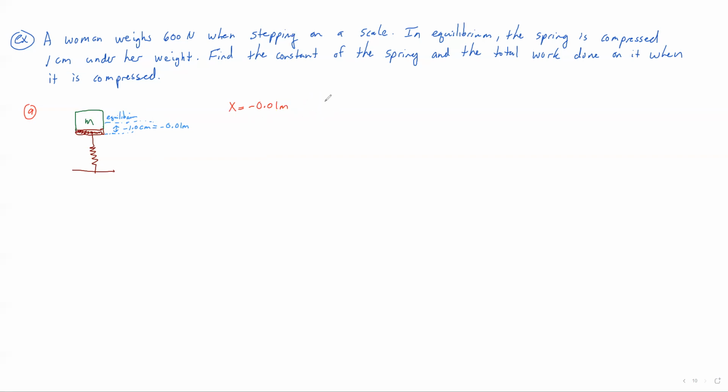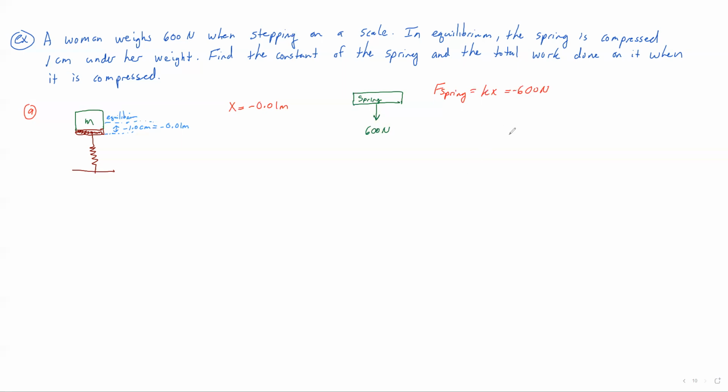So now let's look at the spring and see how we can possibly get the spring constant. Well, we know that if we do a force diagram on the spring, there's a force pushing it down of 600 newtons. 600 newtons is pushing that spring down, right? So we know that F of the spring is equal to kx, which is going to equal negative 600 newtons because it's going down.